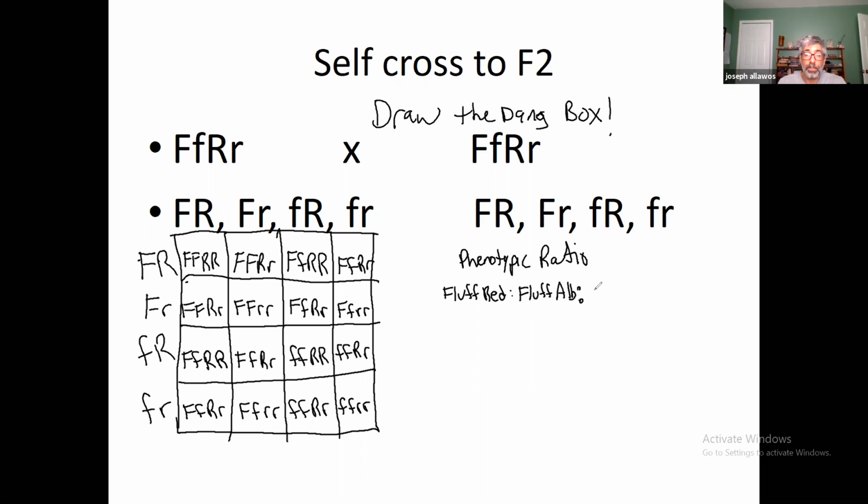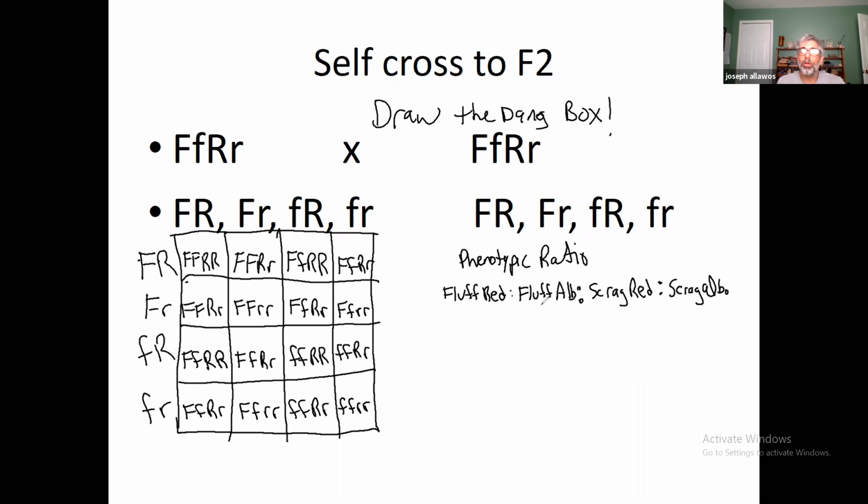You could expect some scraggly red ones. And you could expect maybe some scraggly albinos. Now look at these and tell yourself, these are literally the only 4 ways that the squirrel can look. It's either going to be fluffy red, fluffy albino, scraggly red, or scraggly albino.